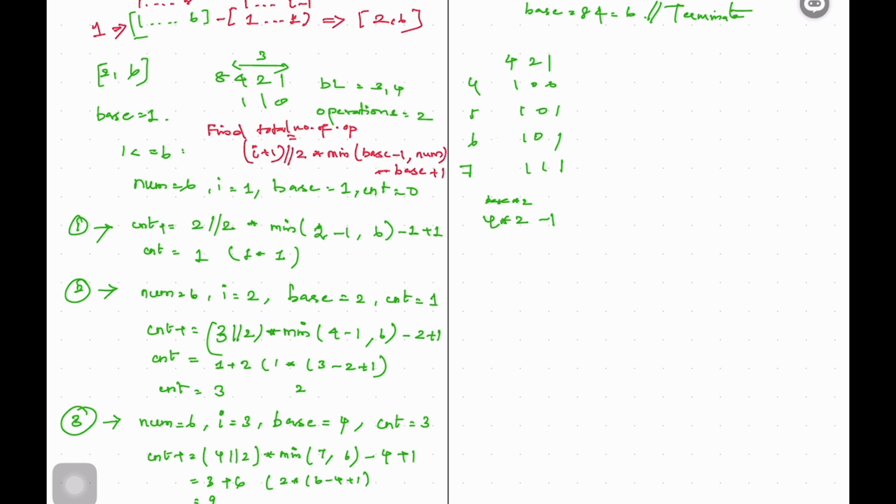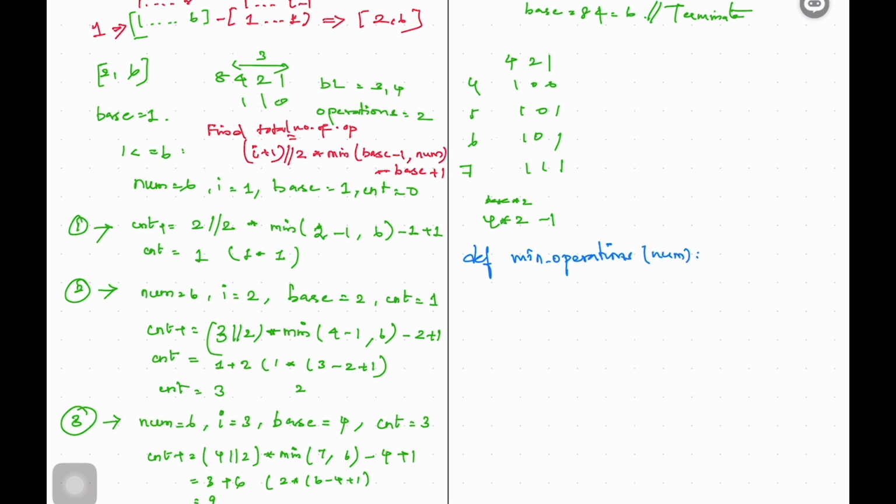As we mentioned, for 8421, here the number is 6. Let's assume first we pass num as 6. Let's say we have a function called minimum operation, which gets num.